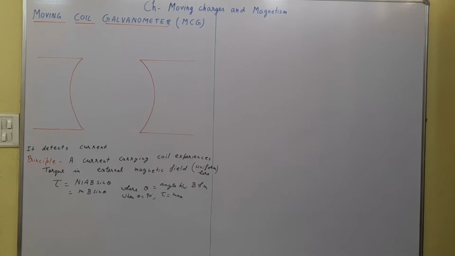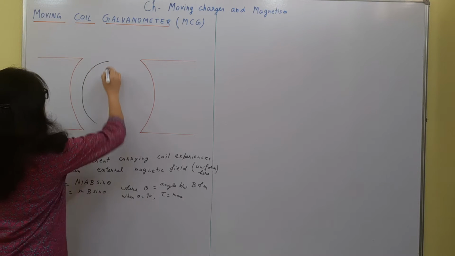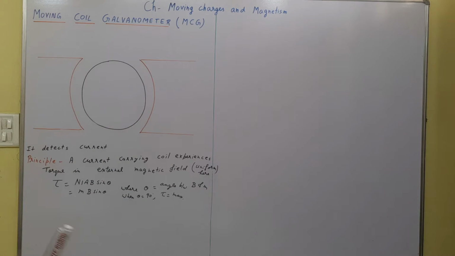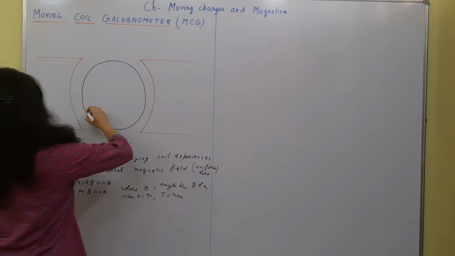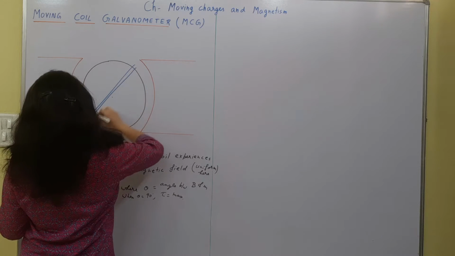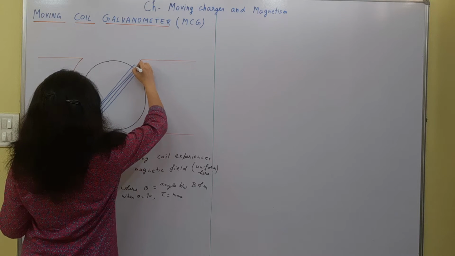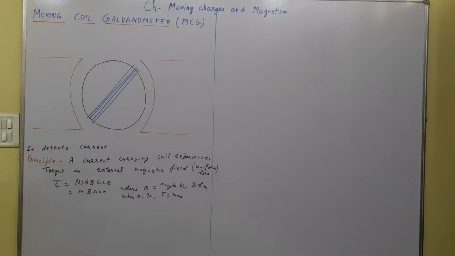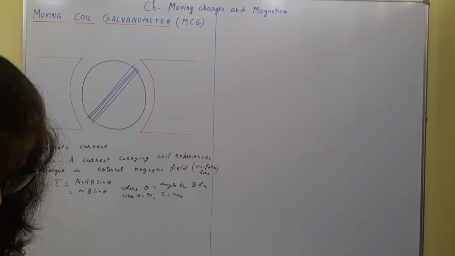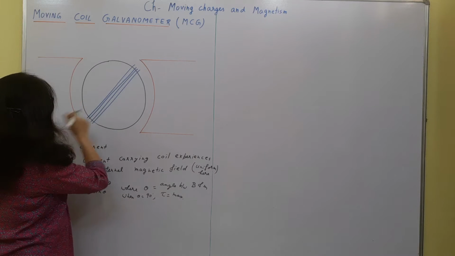So this is the soft iron cylindrical core on which the windings are given, which will look like this from top view, right? And at every point, the magnetic field will be perpendicular to the magnetic moment.